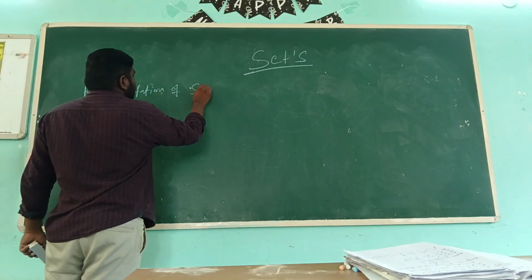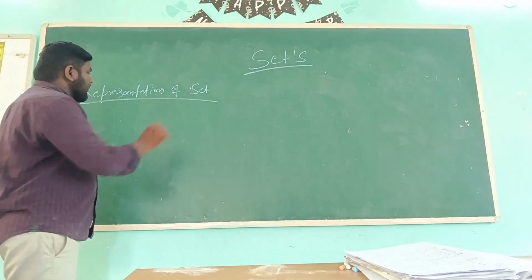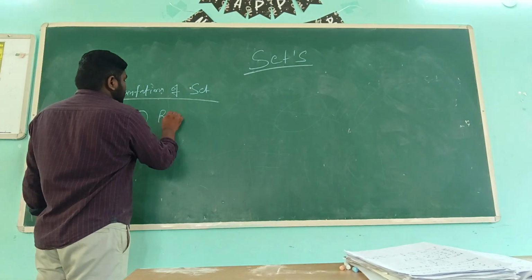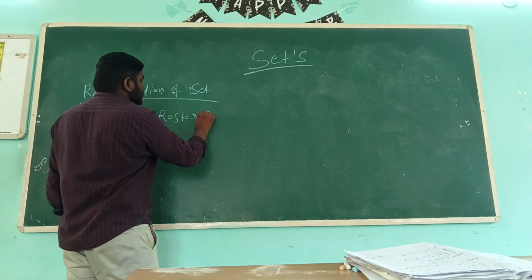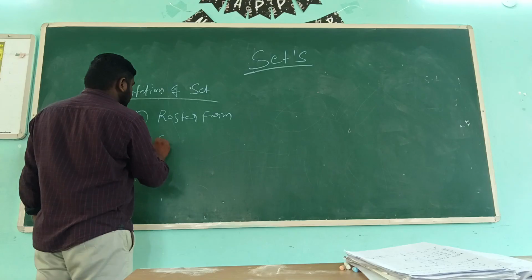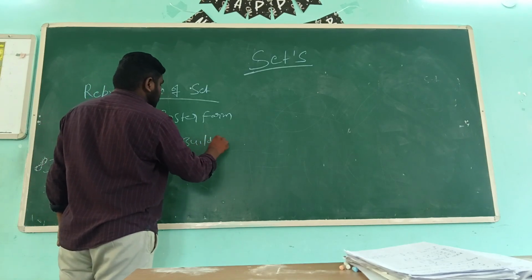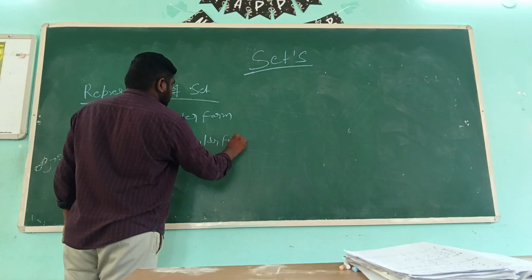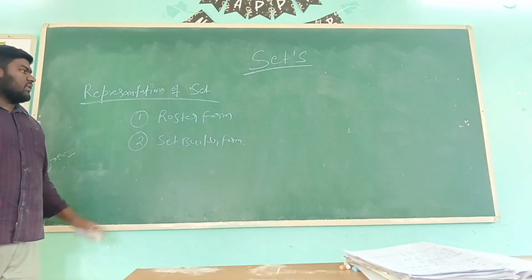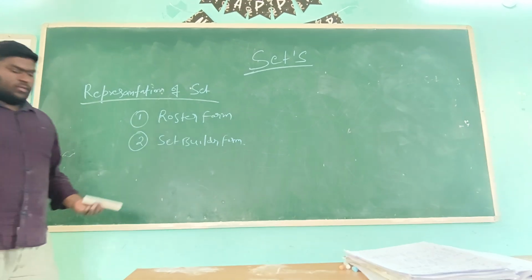One is the roster form. Second one is the set builder form. Understood? This is the representation of the set.